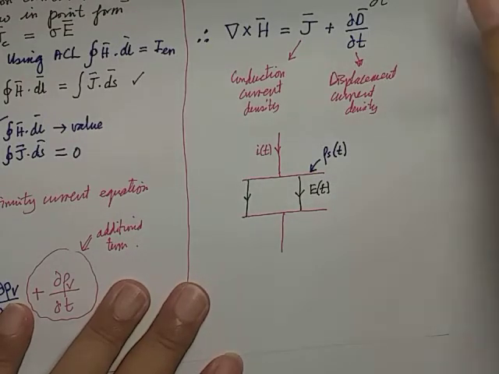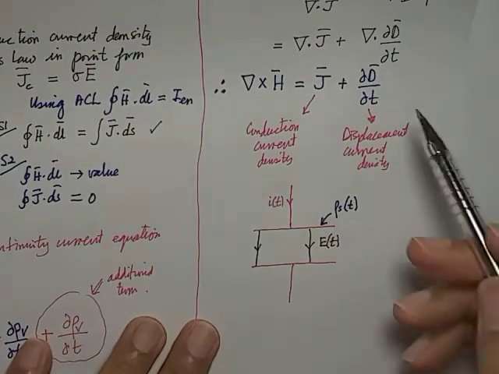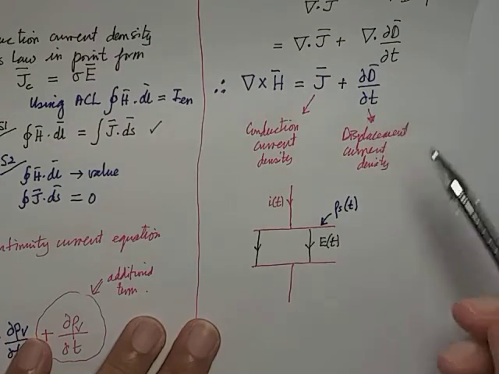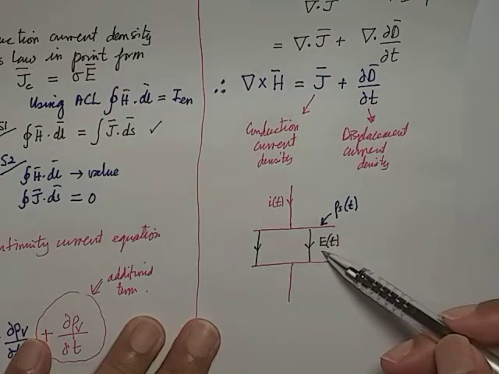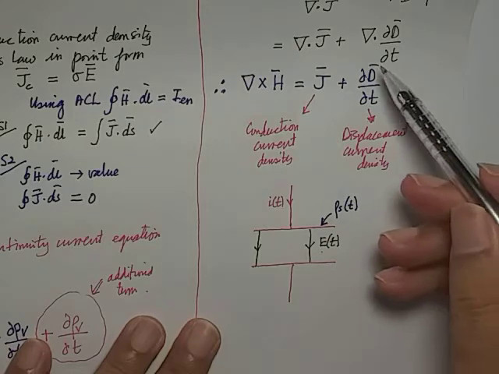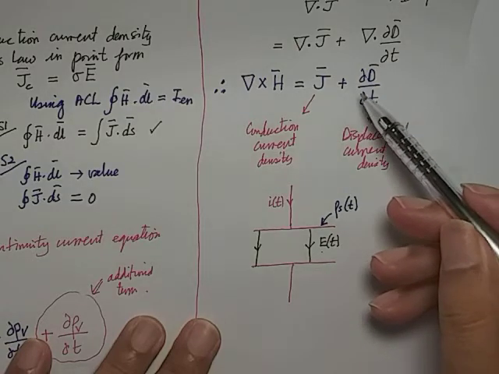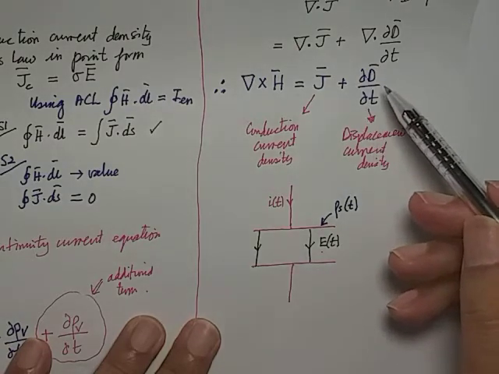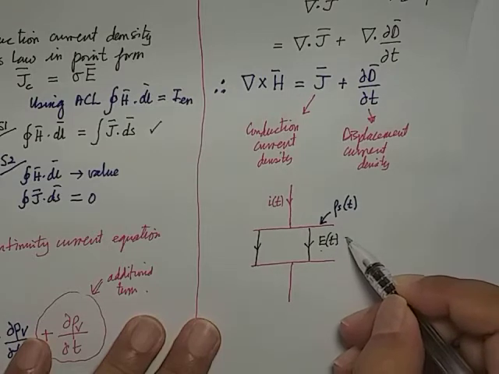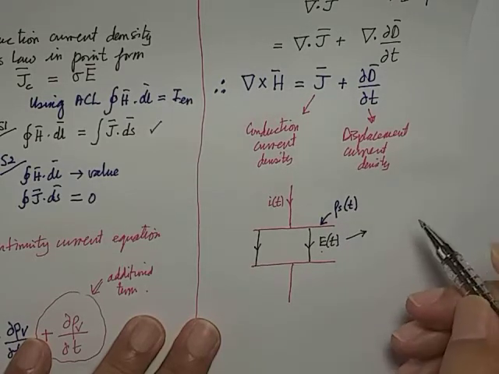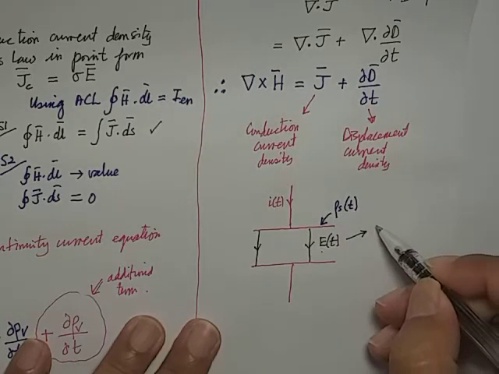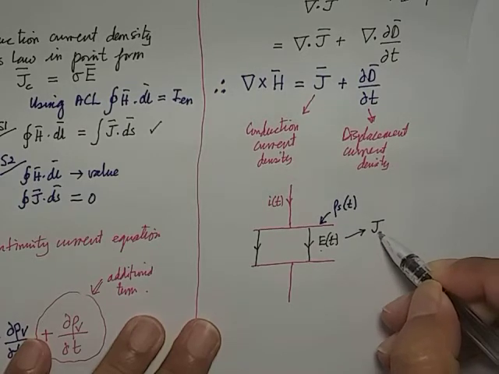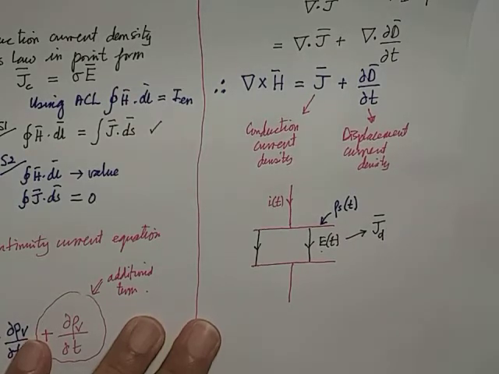So now you can see, based on this equation, when you have an electric field changing with time, this term will not be equal to 0. Therefore we're going to see a current flow, and the current flow here is known as displacement current.